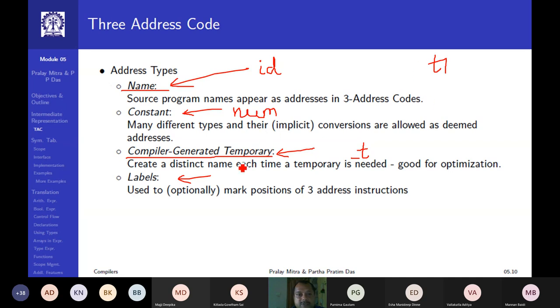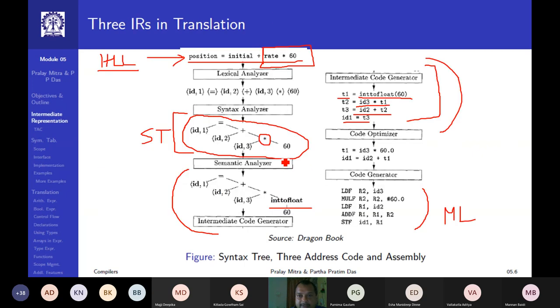But these are compiler generated temporaries, generated during the 3 address code to store the partially computed result during the computation, right? Also, you will see one advantage. Again, I am going back to that side.